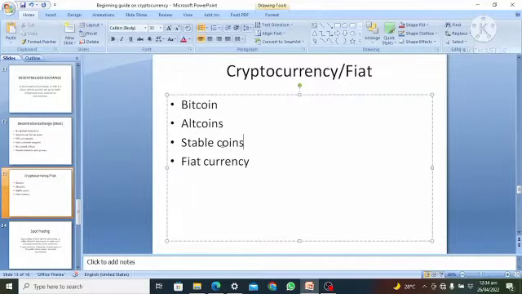So if you are trading Bitcoin or altcoins like Cardano, Ether, Matic, which is Polygon, Ripple, XRP, and Dot, which is Polkadot, and so on, all of them are altcoins because they come after Bitcoin.